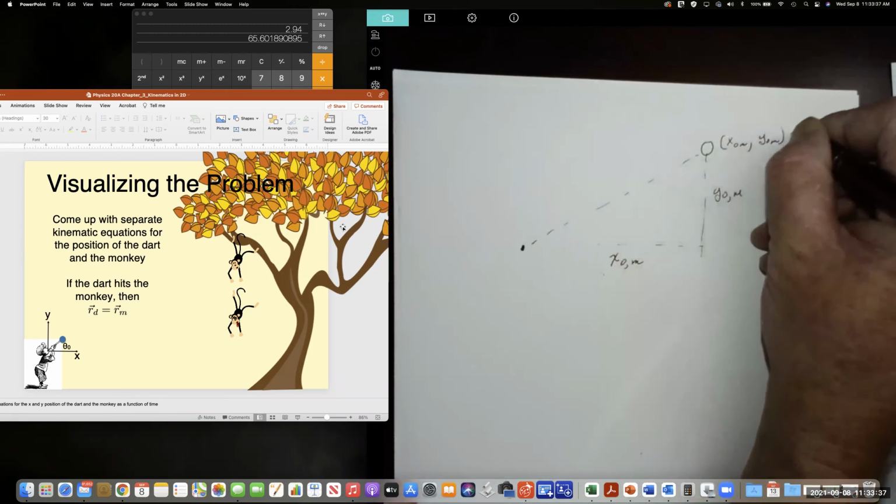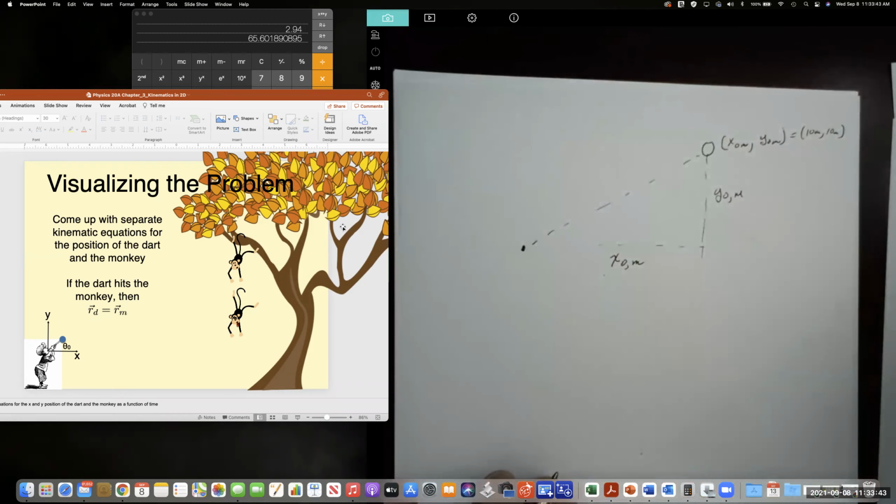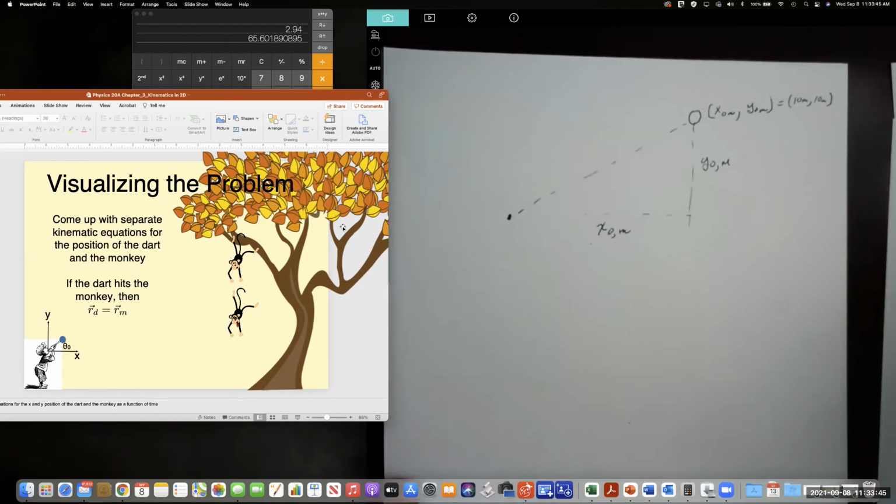And in our case, we were given 10 meters and 10 meters. It's 10 meters above and 10 meters below. Now, in order for it to hit the monkey at some later time t, the vector position for the dart and the vector position for the monkey have to be the same at some time t.